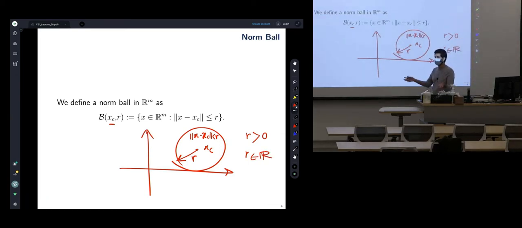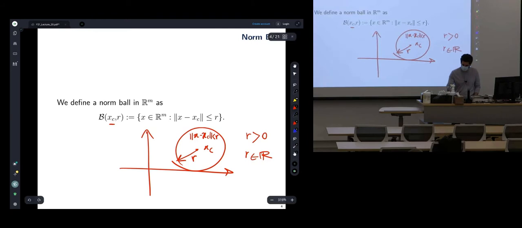Basically, it's a neighborhood. Pick a point, xc, that's the center, and define a neighborhood. In 3D, this is going to be a ball. In 4D, I don't know what you want to call it, hypersphere. So it works. Using the norm, the notion of distance, we can define this neighborhood. So this ball will define a neighborhood.